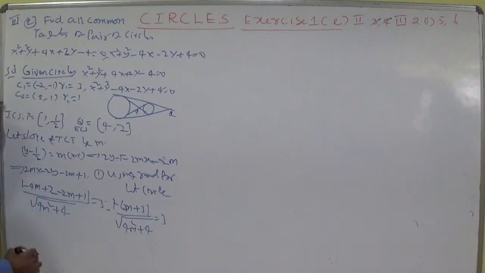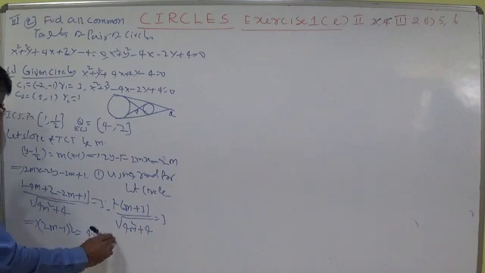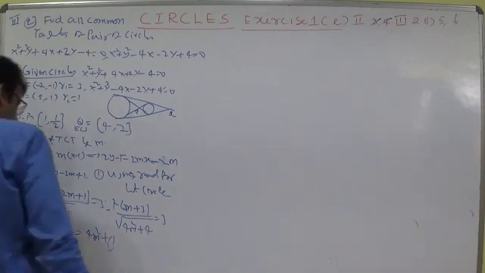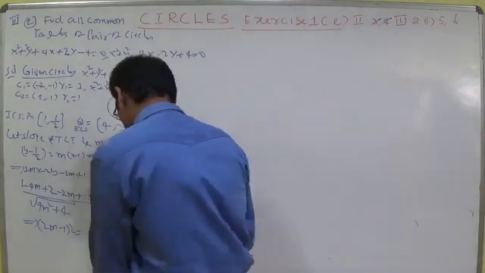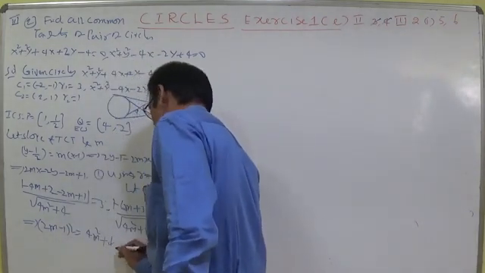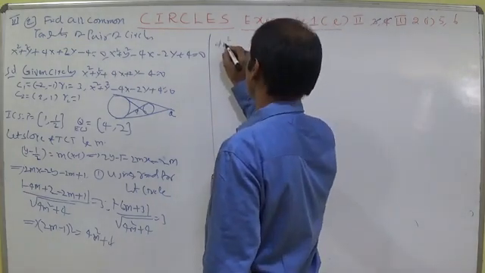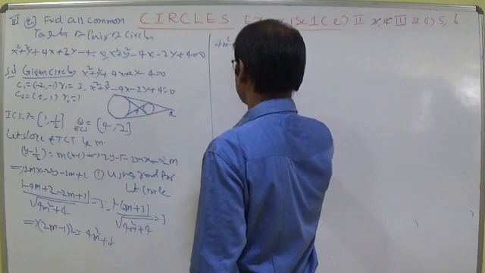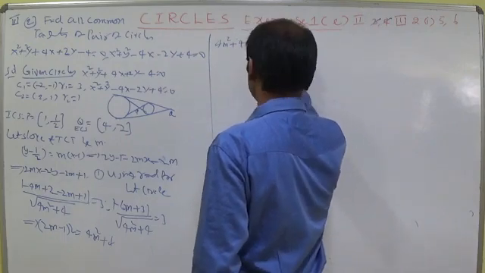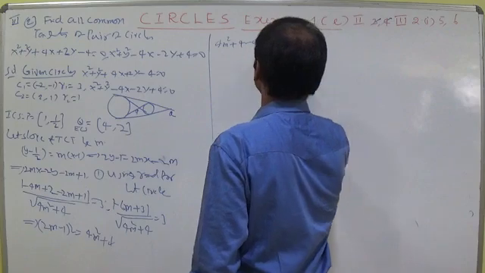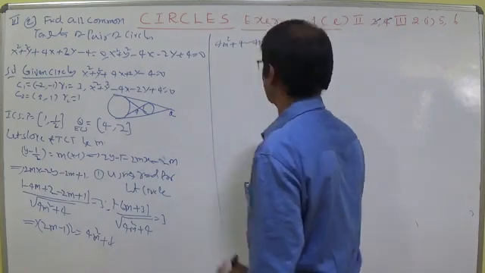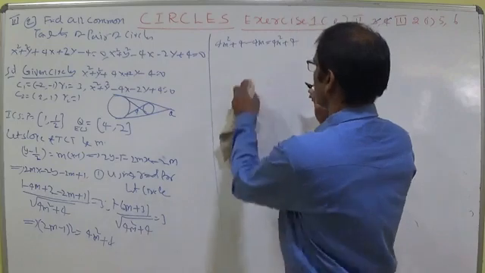The 3 cancels, so you can write (2m minus 1) whole square is equal to 4m square plus 4. By expanding, 4m square plus 1 minus 4m is equal to 4m square plus 4.